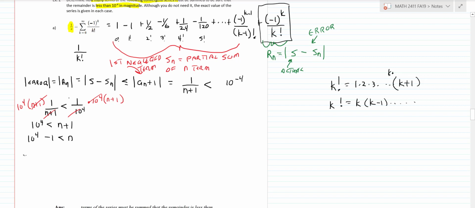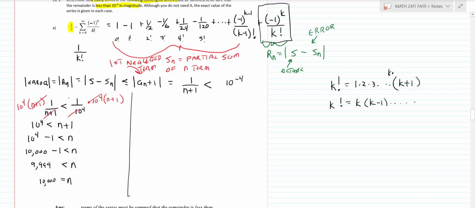You don't need a calculator, that's 10,000 minus 1. So n has to be greater than 9,999. In other words, the next term after 9,999 would be 10,000.